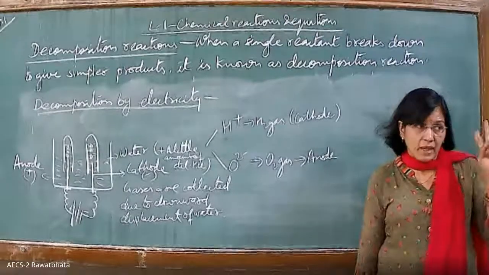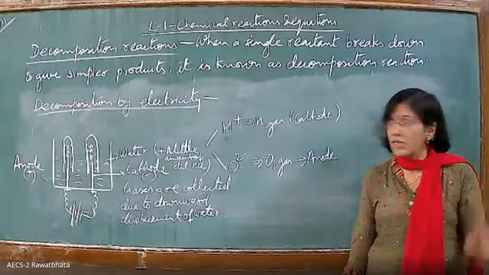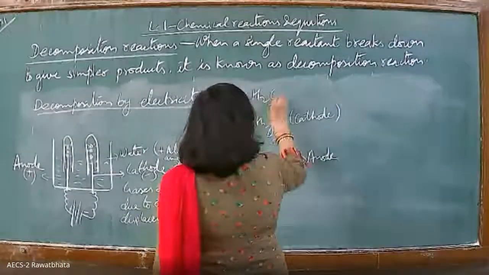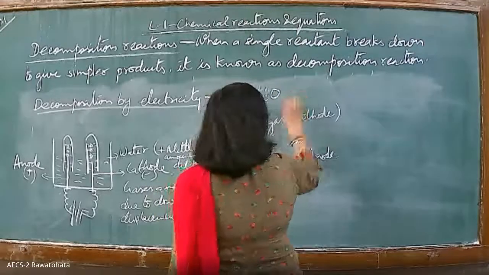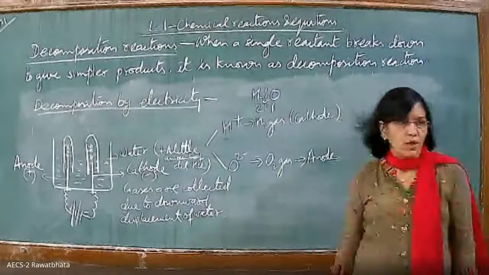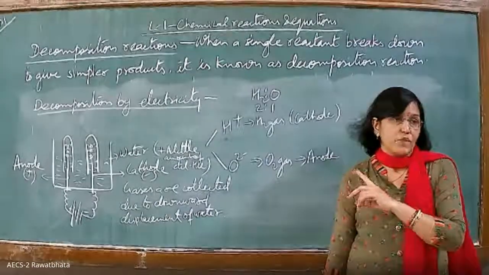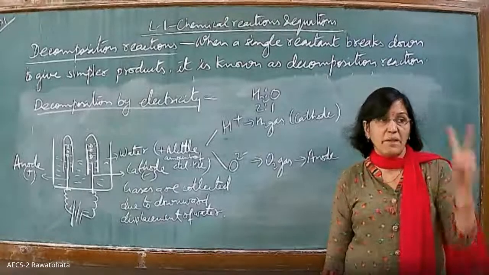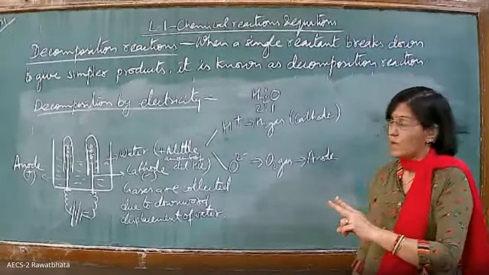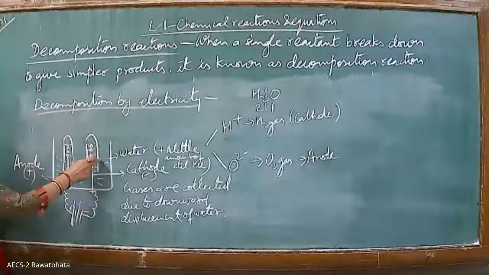And second, in what ratio is it going to get collected? If you see the water molecule itself, H2O, what is the ratio? 2:1. Accordingly, the amount of gases collected will also be the same. The amount of hydrogen gas collected will be double that of oxygen. So out of these two terminals, this is anode and this one is cathode.